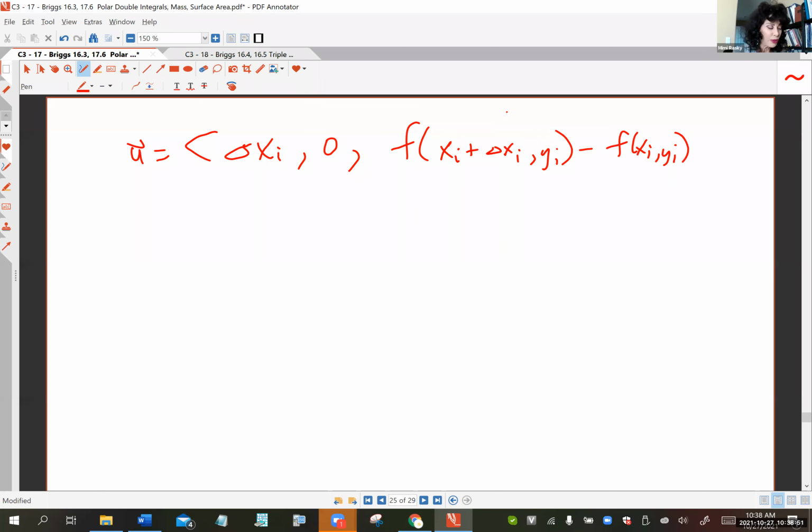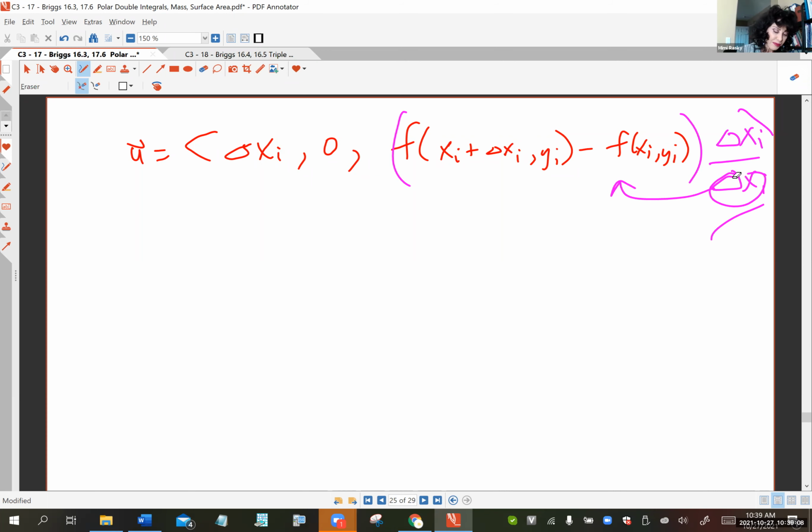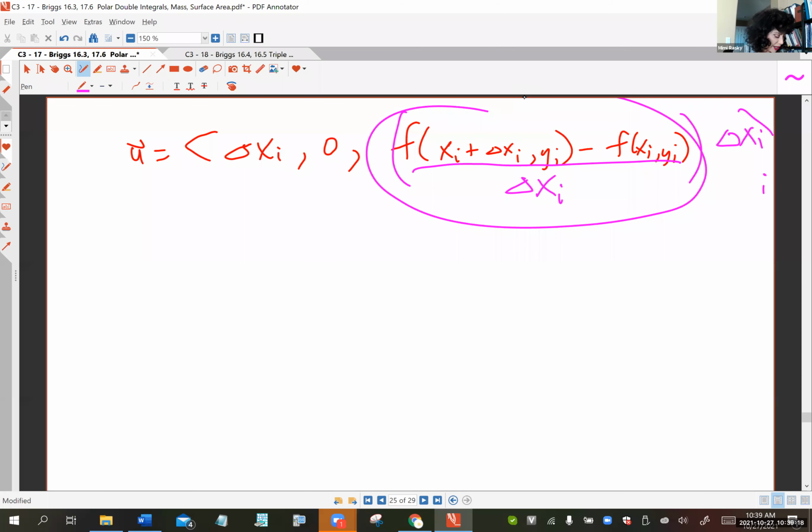So I told you I was going to multiply that last component by 1. So what's the 1 going to be? It's going to be delta x sub i divided by delta x sub i. That's the special version of 1. And then we've got our last angular bracket. But I'm going to move this one sort of underneath the difference. And the reason why is because this thing here should remind you of something.